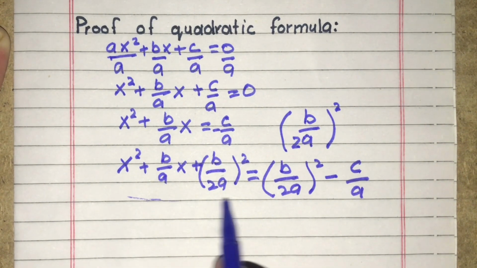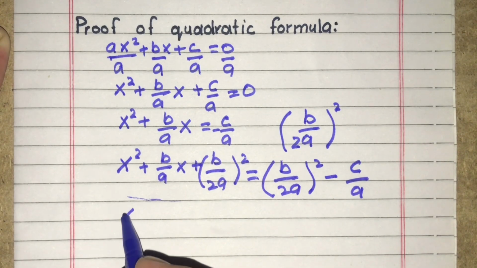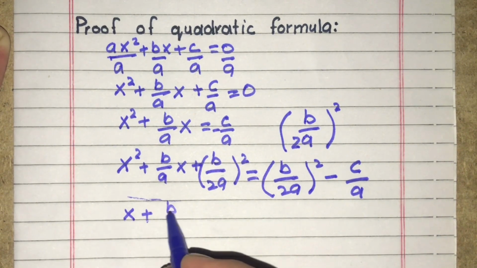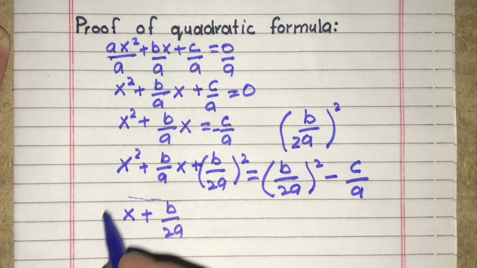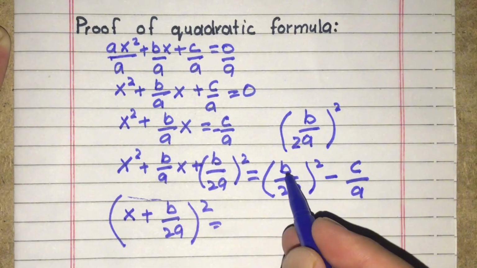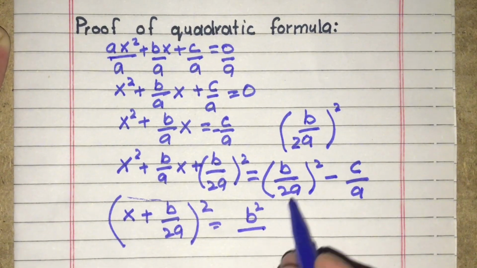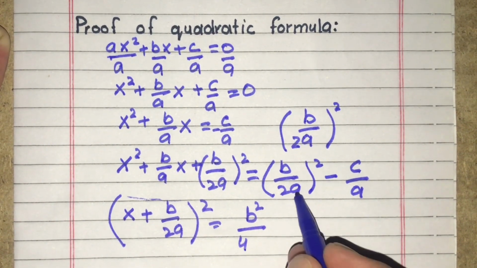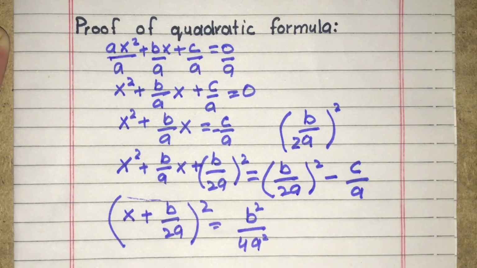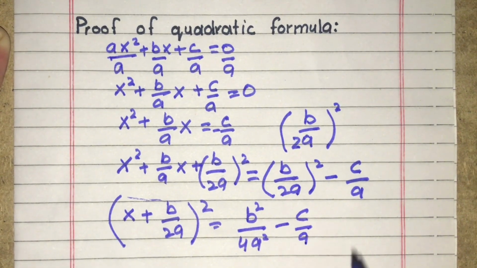On the left hand side we have a formula, that is x plus b divided by 2a whole squared, while on the right hand side applying this square on b we'll have b squared, and applying square on 2, this will be 4a squared minus c divided by a.